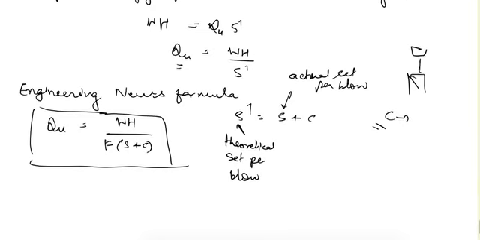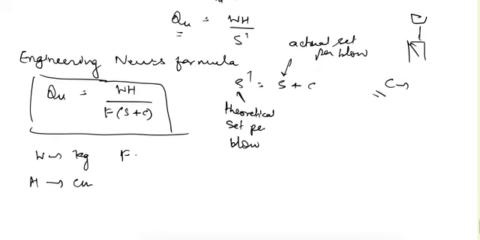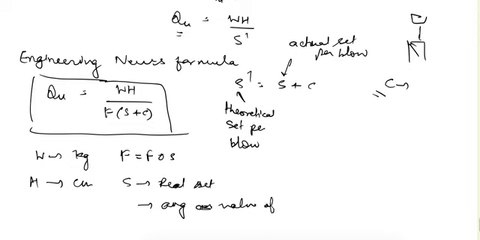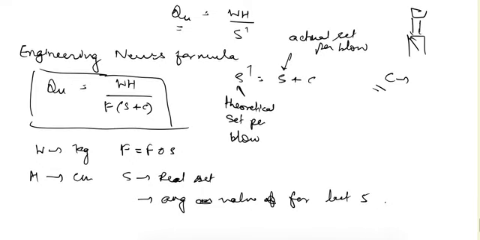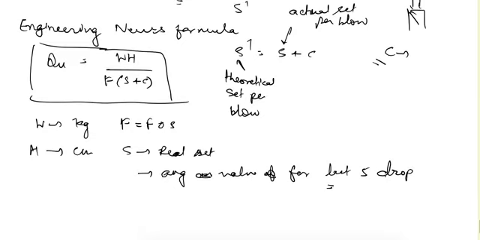What are the units of these various things? W is taken in kg, that is the weight of the hammer. H is taken in centimeter, that is the height of fall. F is the factor of safety, and S is the real set per blow, taken as the average value for the last 5 drops of the hammer. The average of those 5 values is the S, and that is the case for a drop hammer.